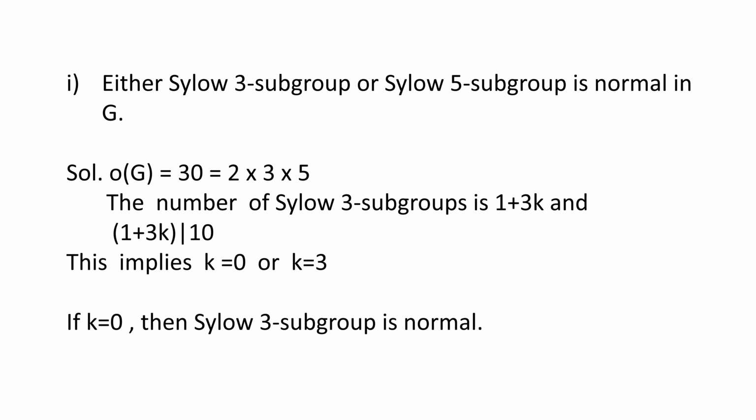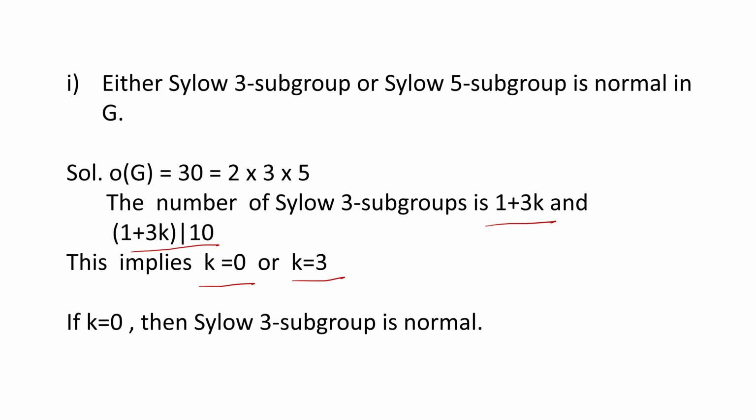Here, k is a non-negative integer. From the Sylow third theorem, the number of Sylow 3 subgroups is 1 plus 3k, and 1 plus 3k divides 10. This implies that either k is equal to 0 or k is equal to 3.